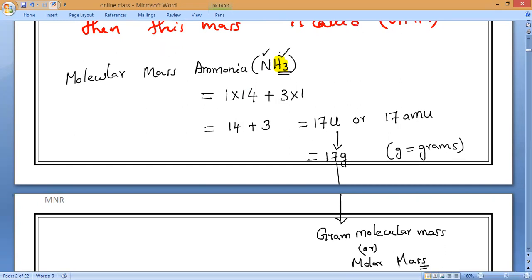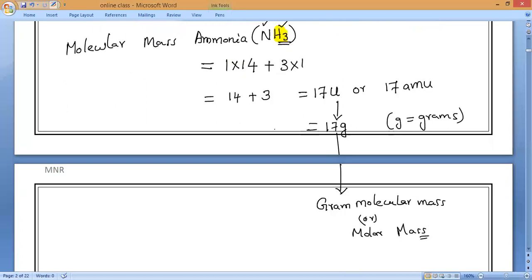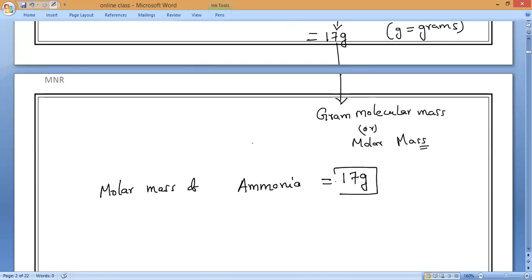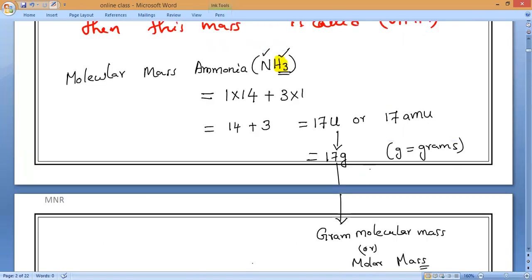Hope everybody is clear? Any doubt? Akilan, Gokul? Yes, sir. Okay. So what is the molar mass of ammonia? Fast. 17 grams.